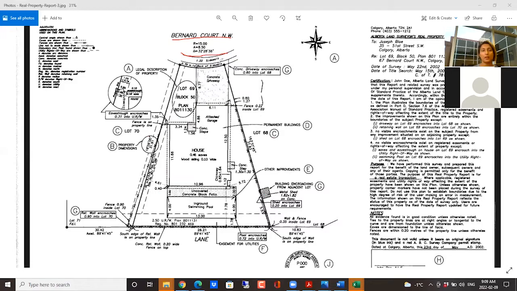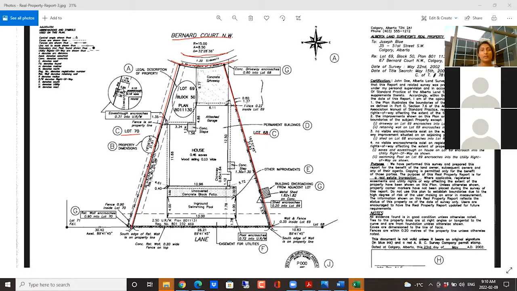It says sidewalk, and this is the boundaries of the sidewalk. These are the property boundaries, and lot 68 is right beside it. This is the legal description, lot 69, plan, block, and lot number. And then we have lot 70, which is right beside the property.